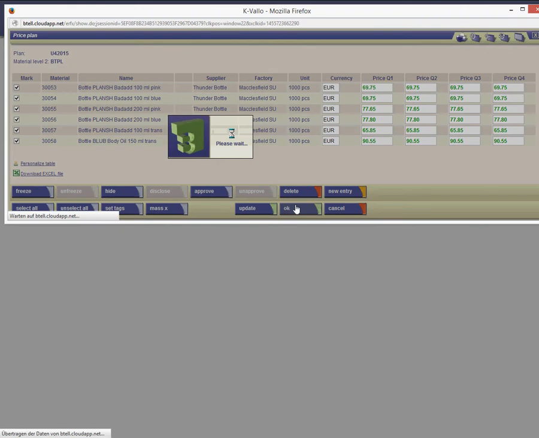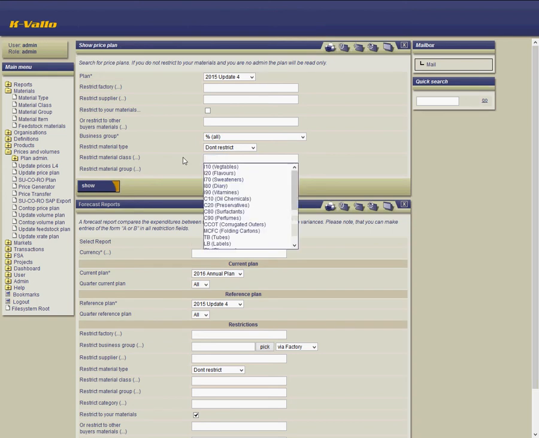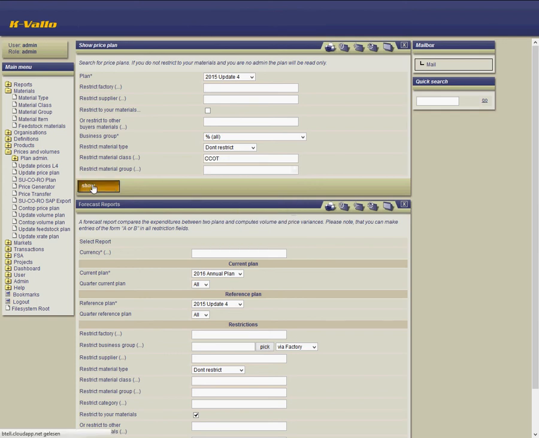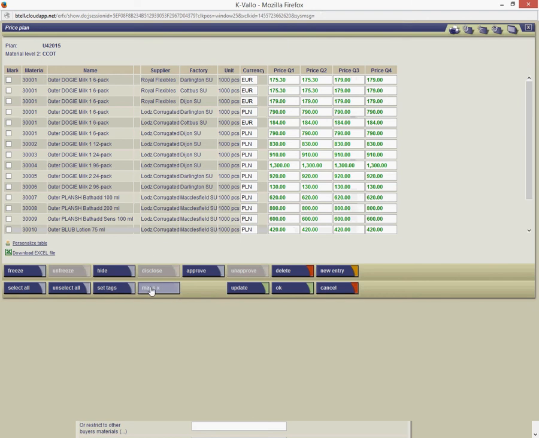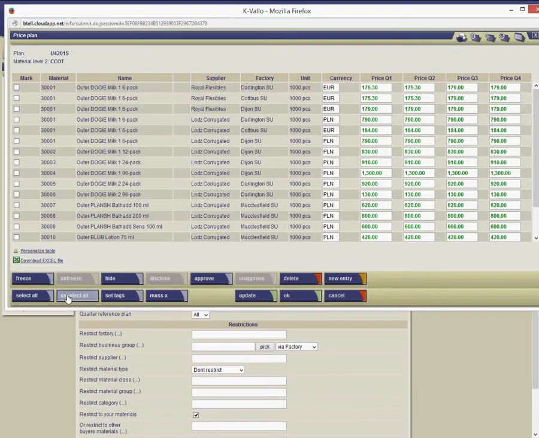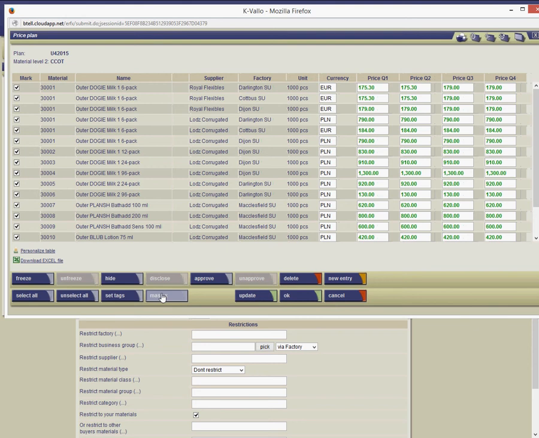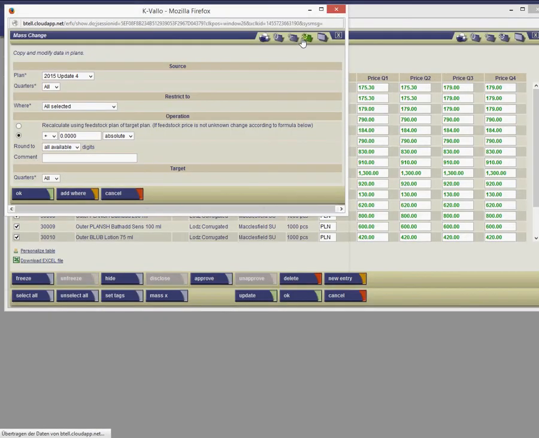We have another area which is corrugated, and let's have a look at the corrugates. Here on the corrugates, the buyer thinks that he can get 3% lower prices flat for all corrugates.